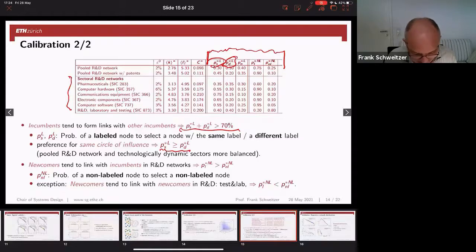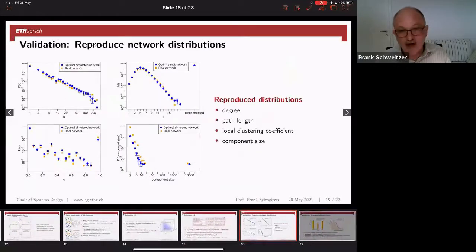And for the newcomer, we see that the newcomer is mostly interested to collaborate with a firm that is already part of a network instead of another newcomer, for example. So these are very interpretable results with respect to these probabilities. And now we come to basically simulate this network dynamics.